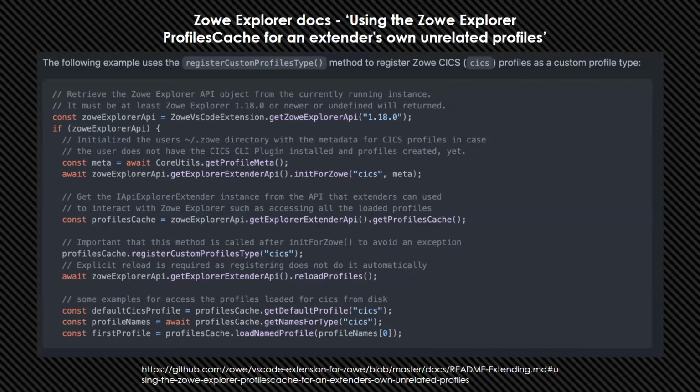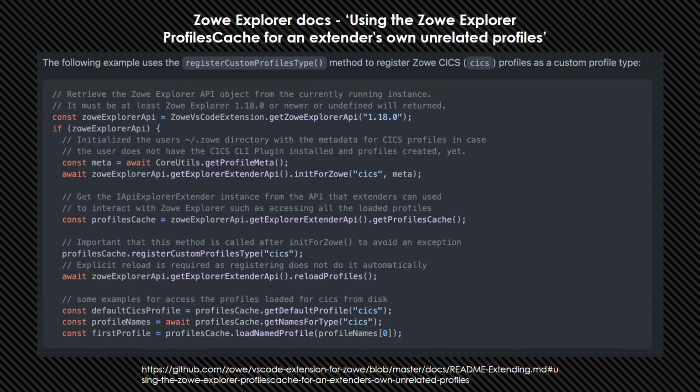As you can see in this screenshot of the documentation for the profiles cache in the Zowe Explorer docs, registering a custom profile is as simple as calling the init for Zowe method and then registering the custom profile with the register method provided by the profiles cache API.